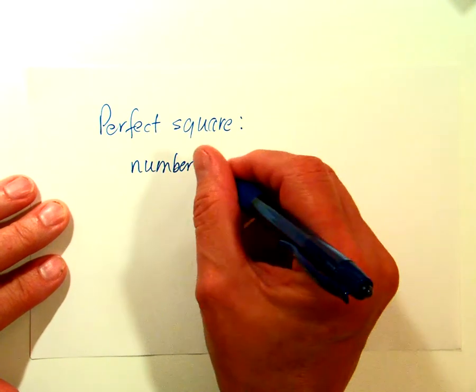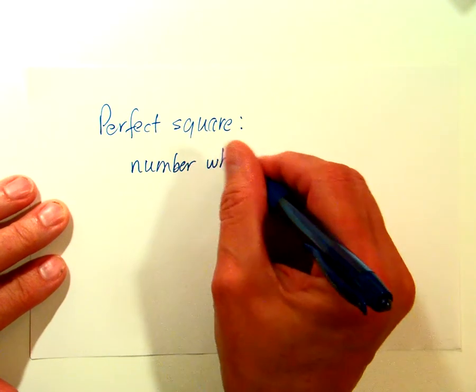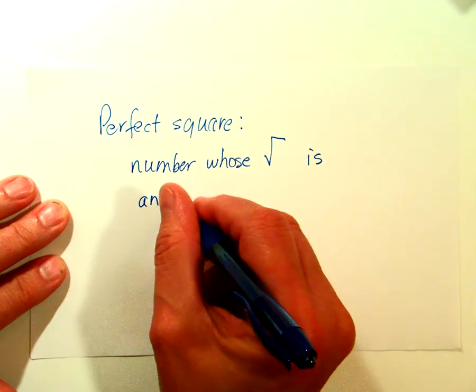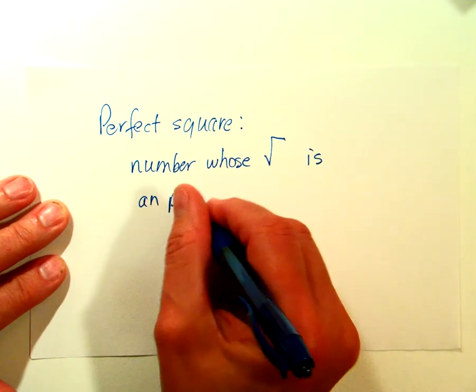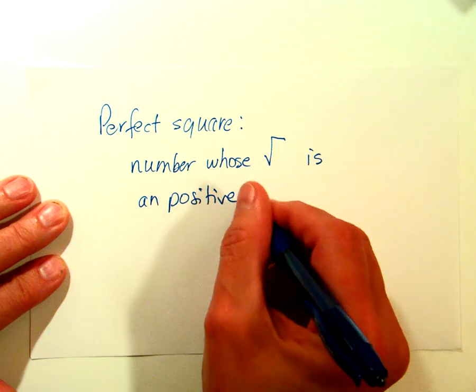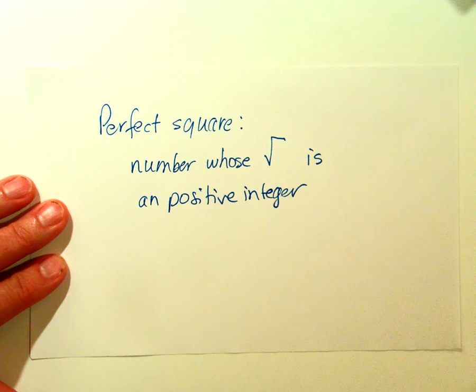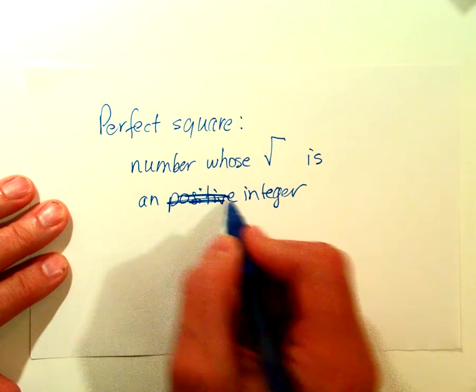Positive, of course. Is a positive integer. Okay, well, actually the negative would work too, but we're just dealing with the positives, because negative 2 times negative 2 is still 4. There's 2 perfect roots. Let's just say integer. Either one.